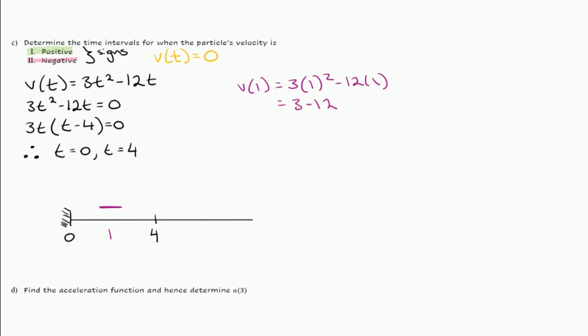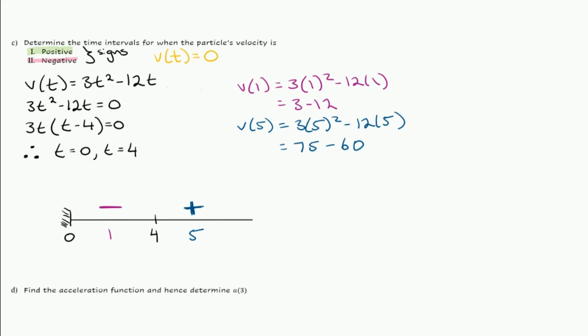For t greater than 4, I'm going to plug in the number 5. So my velocity function at the point 5 is going to be 3 multiplied by 5 squared, take away 12 times 5. 5 squared is 25, times 3 is 75, take away 12 times 5, which is 60. So this is going to give me a positive here.